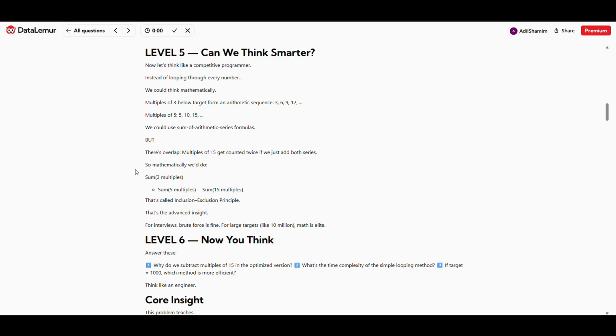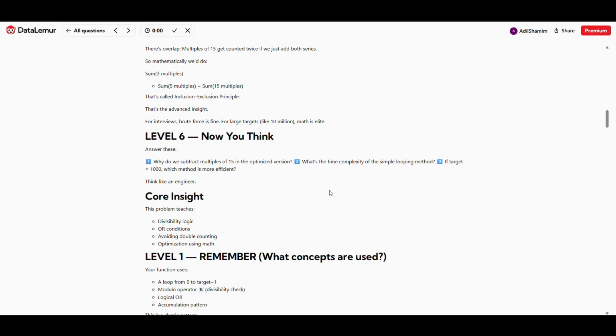So mathematically we do the sum of multiples of 3, the sum of multiples of 12, and minus the sum of multiples of 50. So this is called the calculation, instead of this, for the interview this way. Like a standard number multiplication this way. Okay.